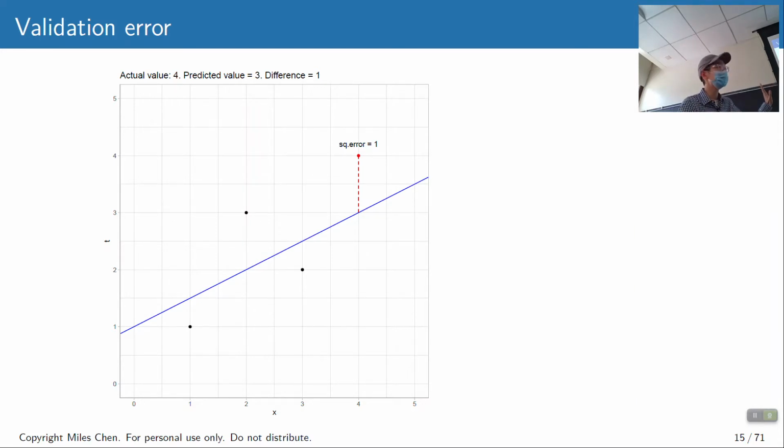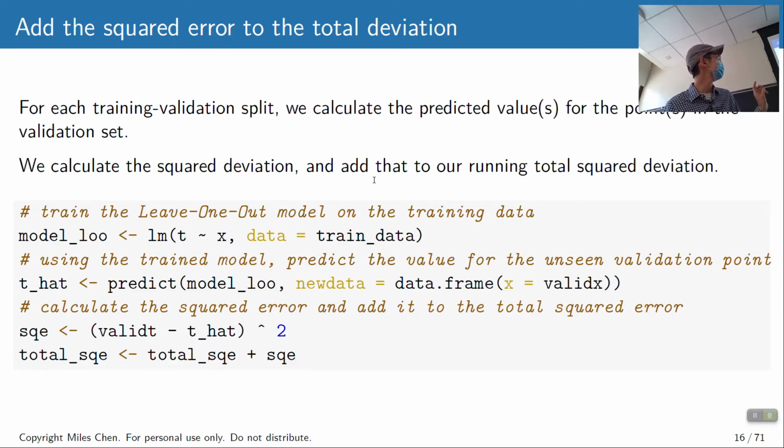Okay, does that kind of make sense? And we do this for every single data point. Every single data point gets to be a validation set. Okay, so as far as calculating this out, I'm going to create a model based on the training data. I'm going to make a prediction using this leave one out model on the validation point.